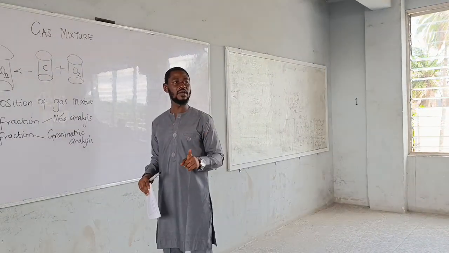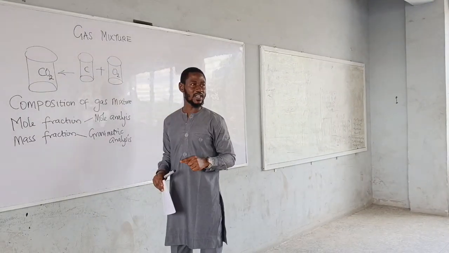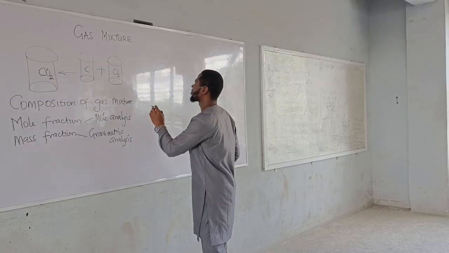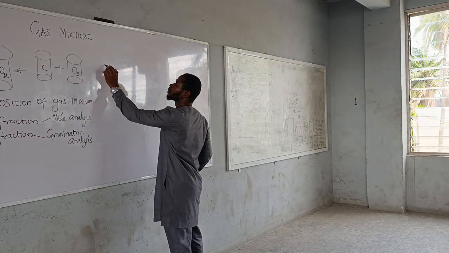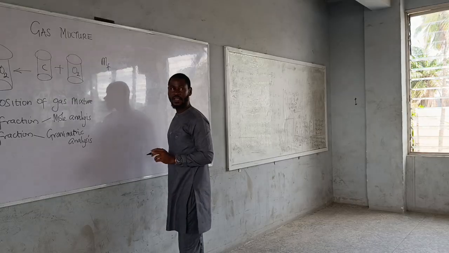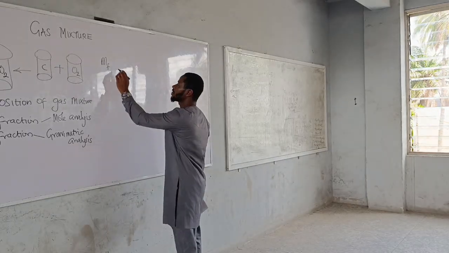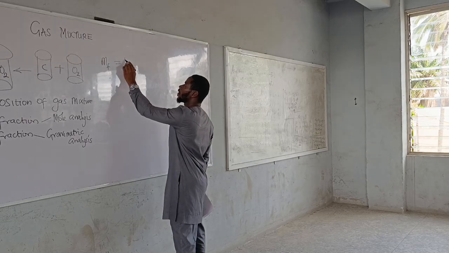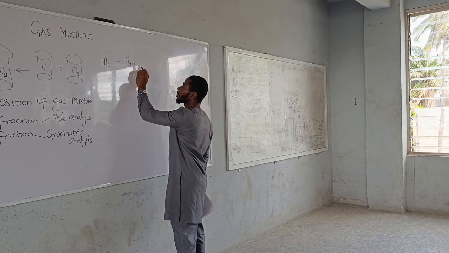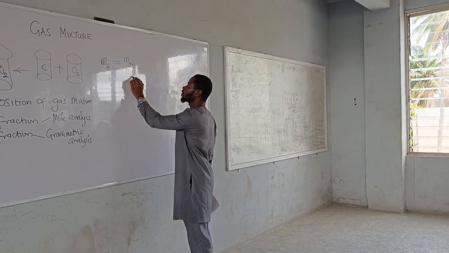You want to determine the mass fraction of carbon in carbon 4 oxide. The mass fraction is represented as M subscript F, and it is defined as the mass of the gas divided by the mass of the mixture.